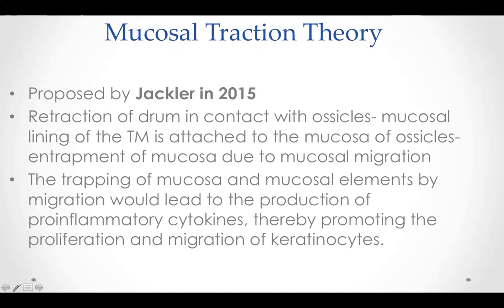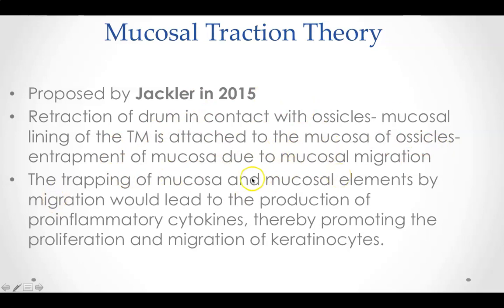Now, this is the recent theory that is called the mucosal traction theory, that was given by Jackler in 2015, that says that the retraction of the drum causes its contact with the ossicle. So the mucosal lining of the tympanic membrane, which is the innermost lining, attaches to the mucosa of the ossicles, and that causes entrapment of the mucosa due to mucosal migration.